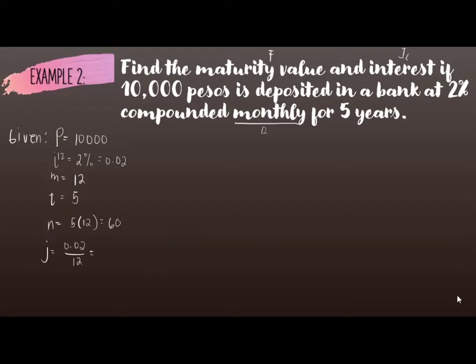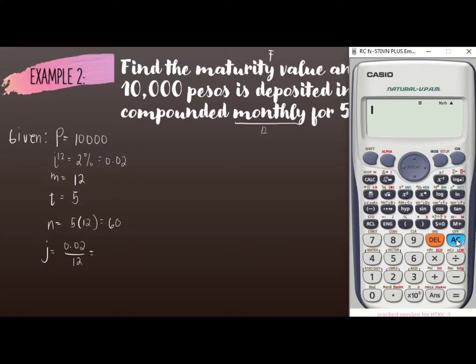So, kapag dinivide natin yan, ang makukuha nating answer, check natin. Okay, so 0.02 divided by 12. Okay, 0.0016. So, yung 6, tuloy-tuloy yan, continuous yan, puro 6.